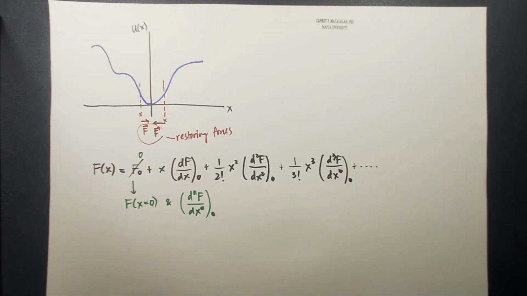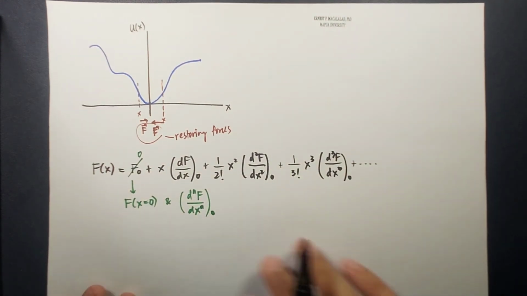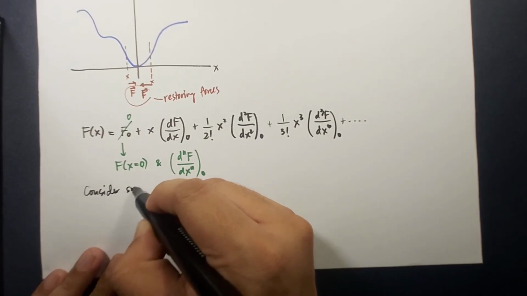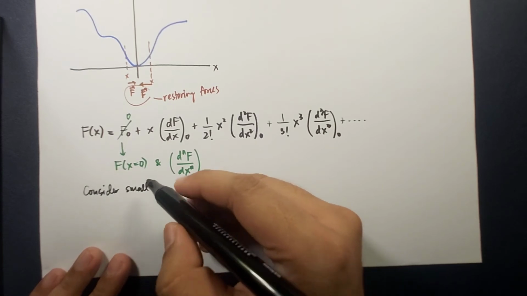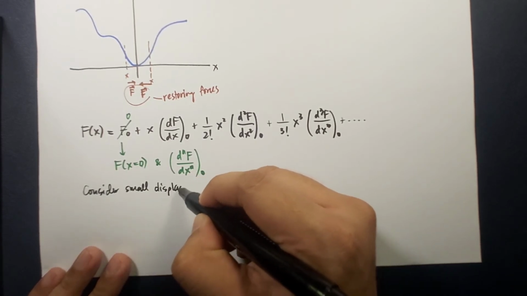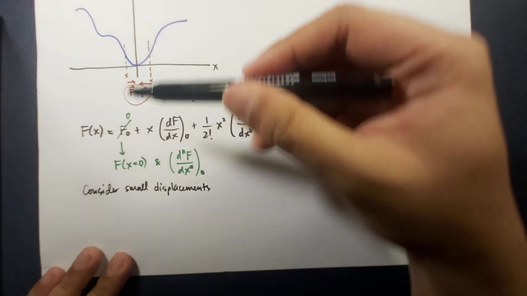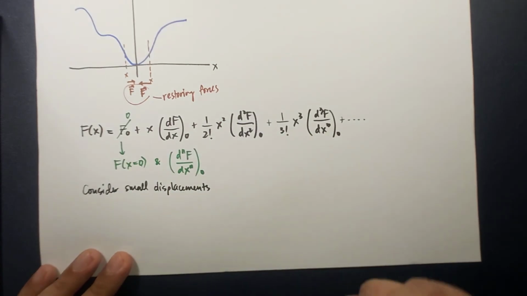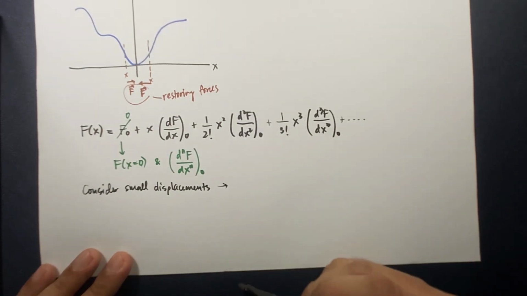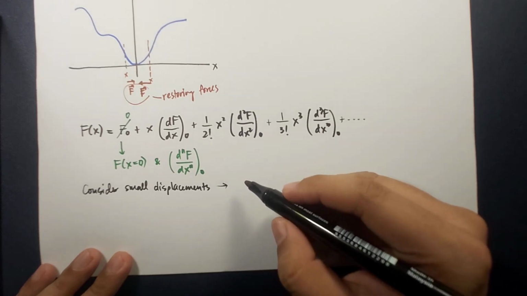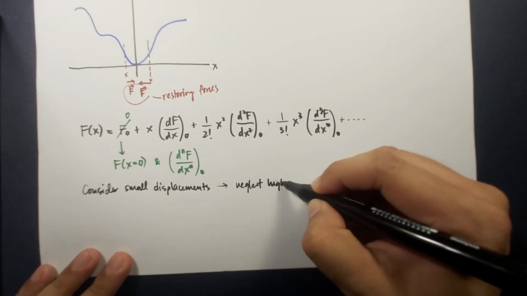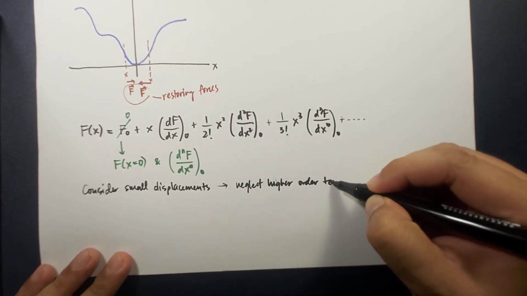Okay, so if we're going to consider small displacements, that means the displacement from the equilibrium position is small enough, and this enables us to neglect higher order terms.